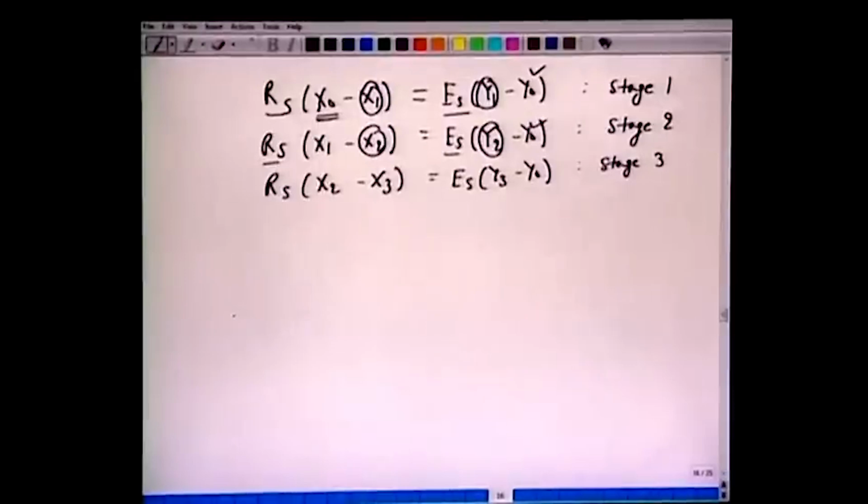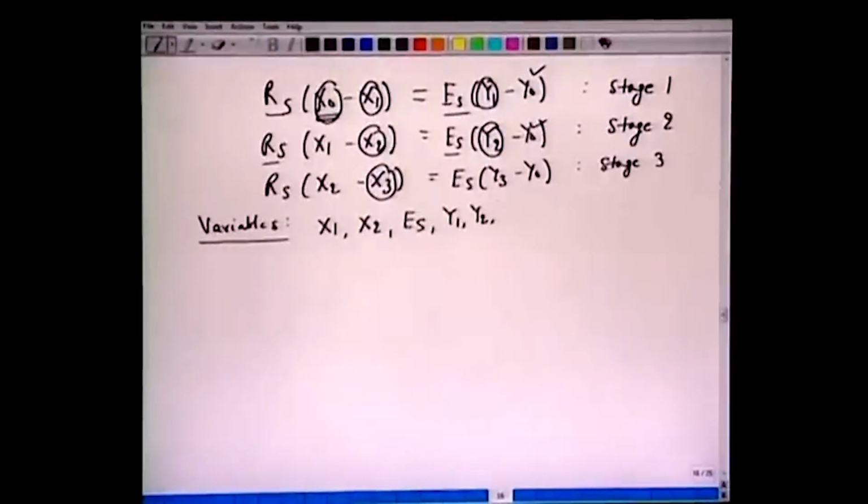And now we should identify how many variables we have which we are supposed to determine or unknown. Look at this, all we know is only x0 and x3. We do not know x1, we do not know x2. We do not know the solvent flow rates ES. We do not know y1, y2, y3.